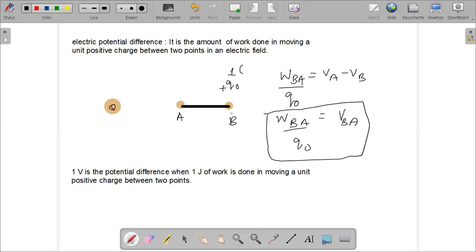Or you can say, if I am doing 1 joule of work in moving the charge of 1 coulomb from point B to point A, the potential difference between the points A and B will be equal to 1 volt. Understood, everyone? Yes, sir. Okay. So what will be the SI unit?